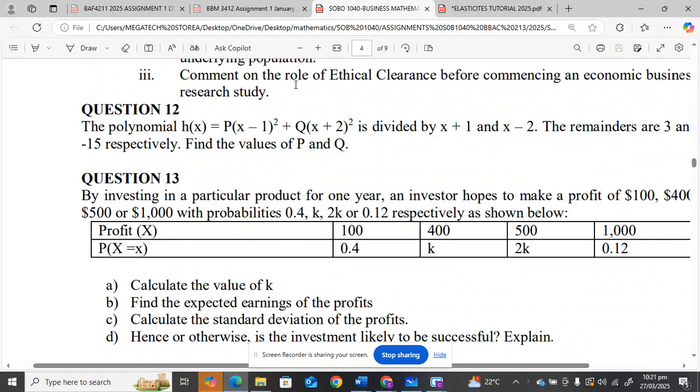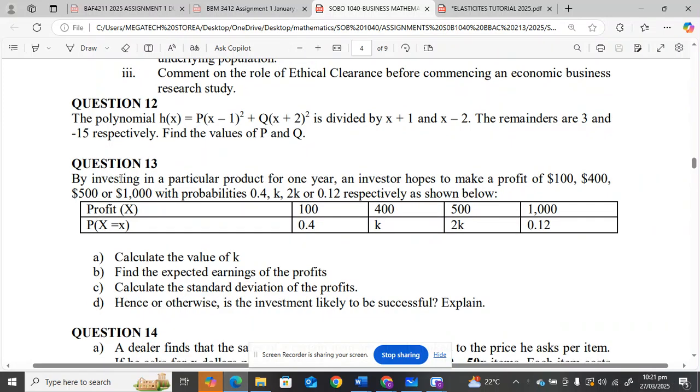So here's the question. By investing in a particular product for 1 year, an investor hopes to make a profit of $100, $400, $500, or $1,000 with probabilities 0.4, K, 2K, or 0.12, respectively, as shown below.